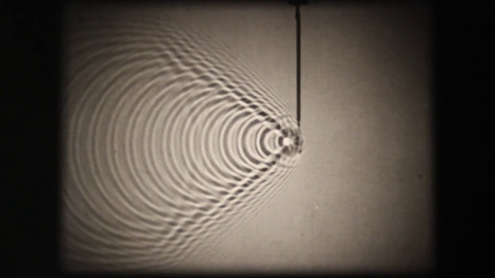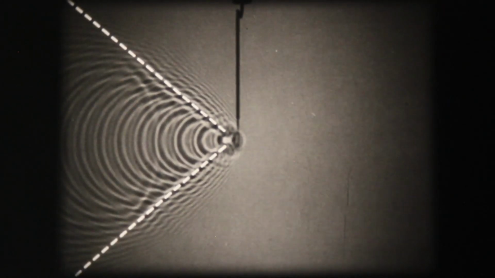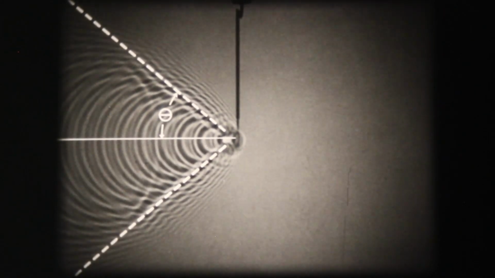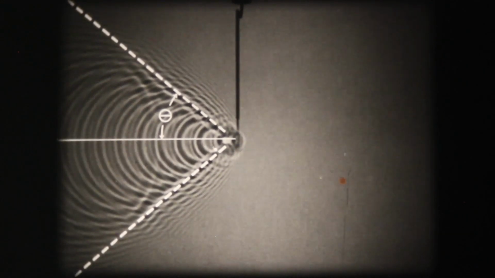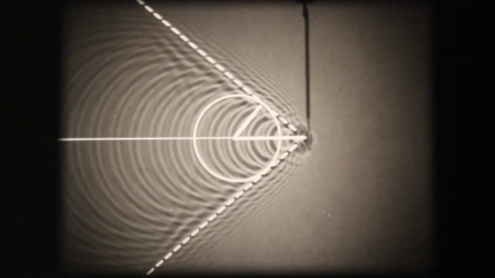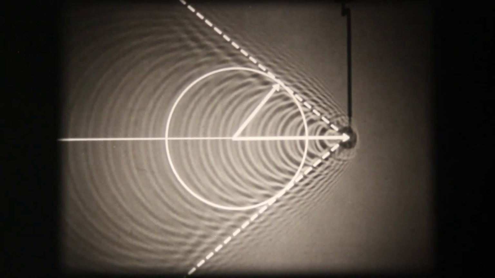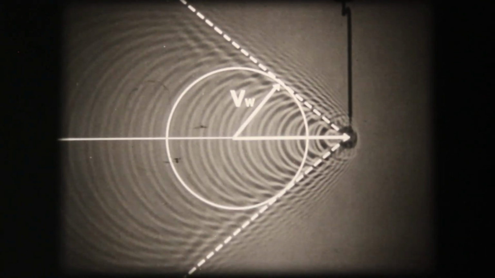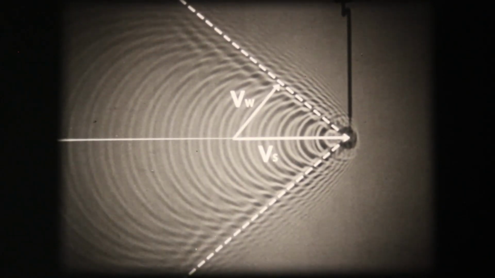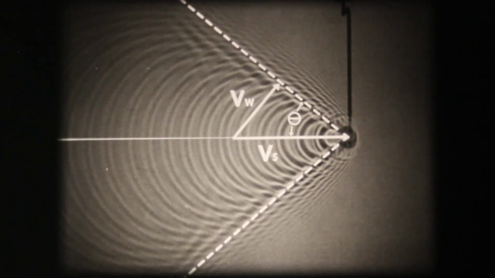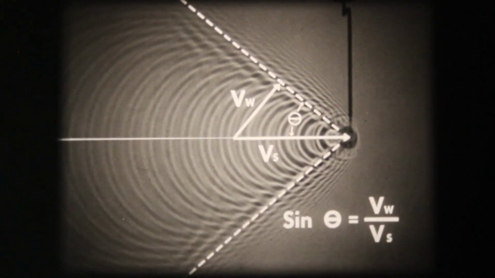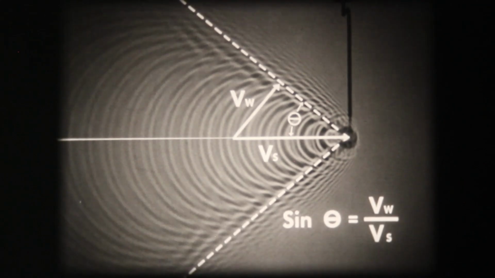Well beyond the velocity Mach 1, the source moves ahead of the advancing waves, and the envelopes of the reinforcing waves are two straight lines, each at an angle theta with the line of motion of the source. The source moves ahead of the expanding wave. The velocity of the wave and the velocity of the source determine the angle theta. Sine theta equals the ratio of the wave velocity to the source velocity.